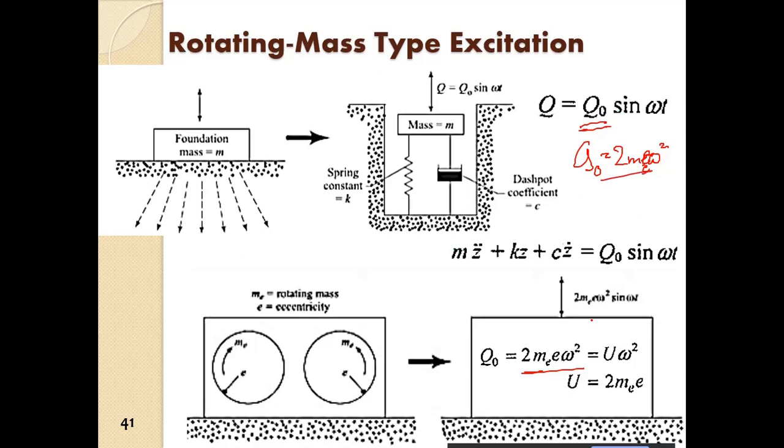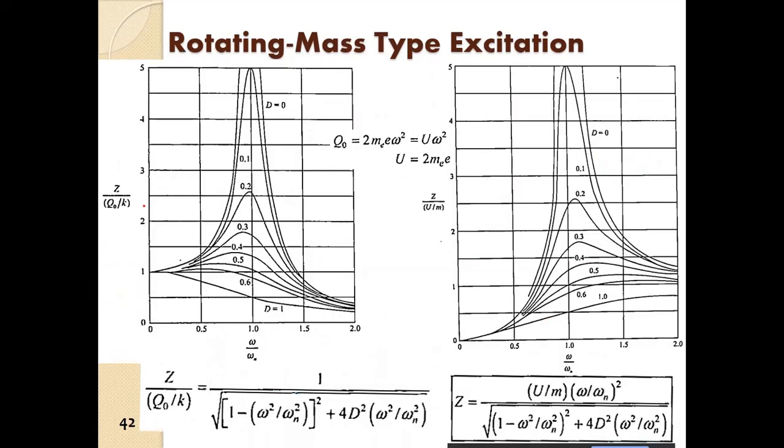When we plot the magnification factor versus the frequency factor, for Q naught we had a value of 1 here, because Q naught is not dependent on the frequency, whereas here it is dependent on the frequency.